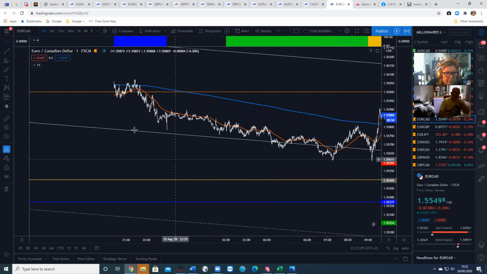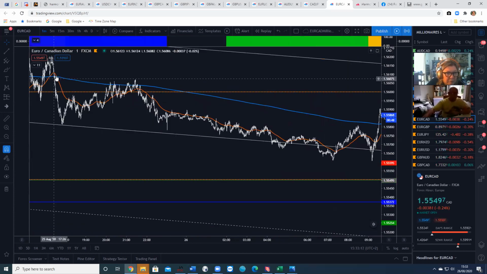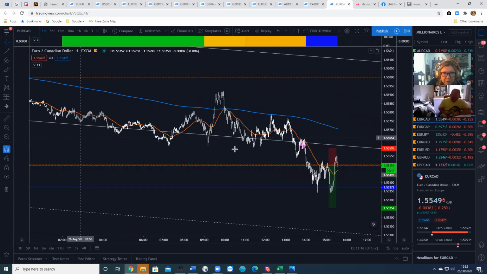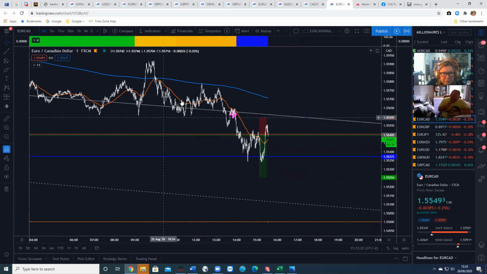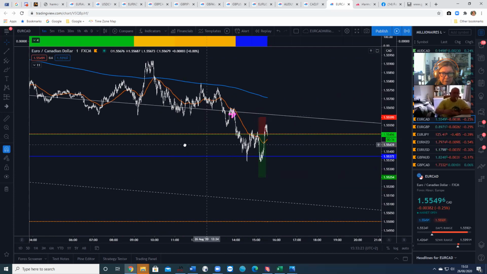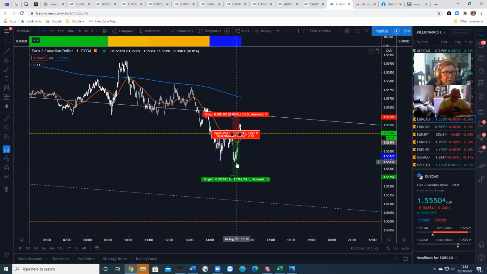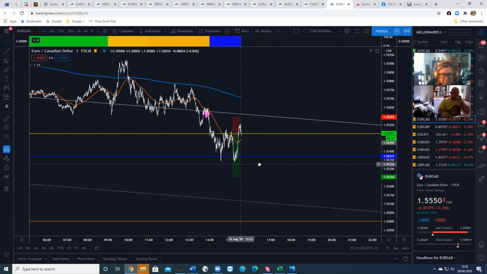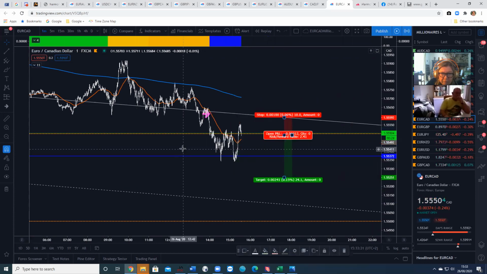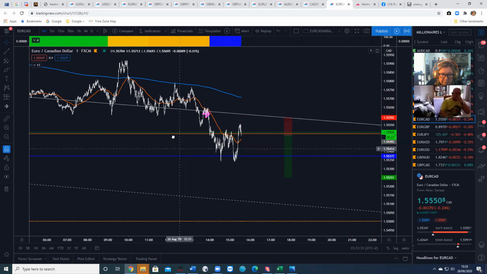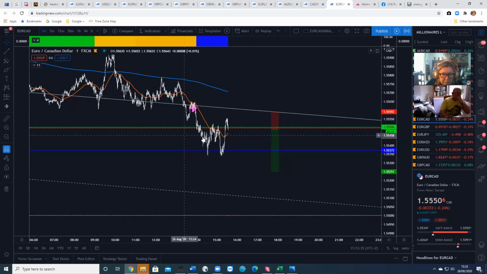Way back, 25th, yesterday, tea time, and it's been in a strong downward trend, the euro against the Canadian dollar, ever since. So let me move this over. So break and a retest, about 15 pips back to the quarter theory and the 62.